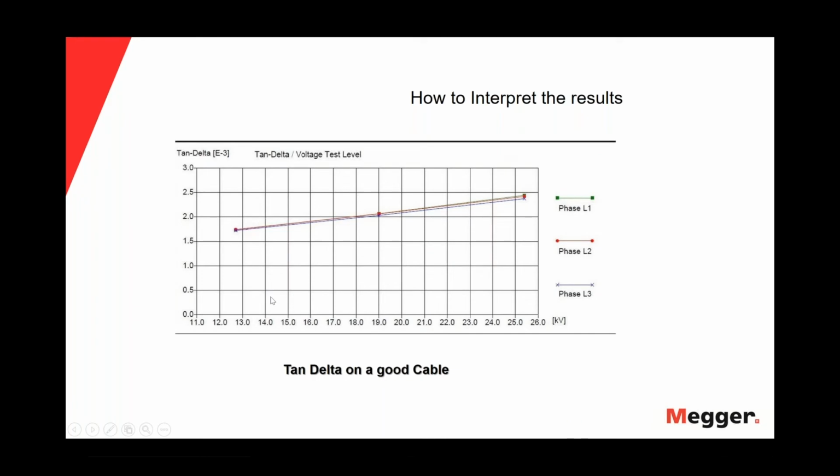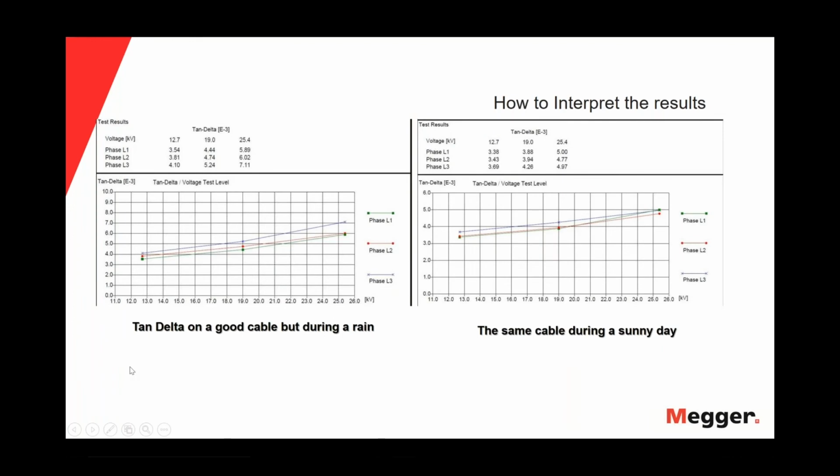The first one is the tan delta on a good cable. If you see, the three phases have pretty much the same graphic, the same behavior. In the next slide, we have the same cable, but we can see in the graphic on the left that the tan delta test was made during rain.